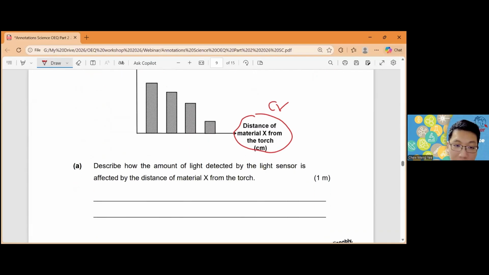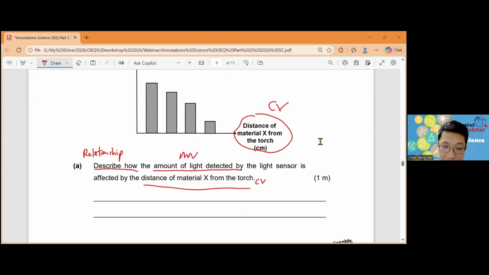Describe how the amount of light detected is affected by the distance of material X from the torch. So you see, describe how means that it's a relationship. Amount of light detected, this is the measured variable. Distance, this is the changed variable. So you follow the relationship templates.